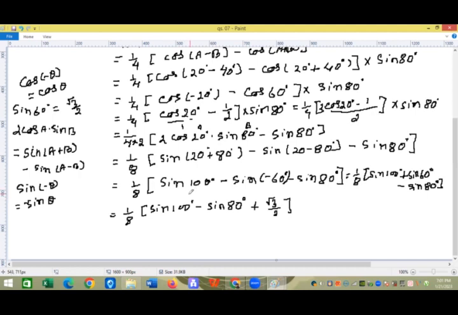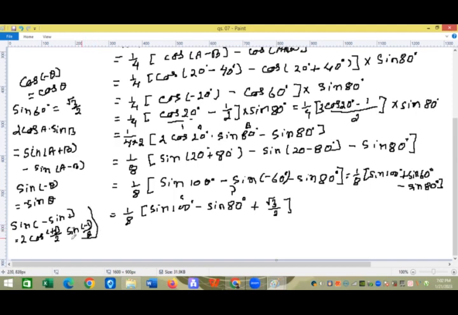Now you can see that this is in the form of sine C minus sine D formula, and you should know that sine C minus sine D is 2 cos((C plus D) by 2) times sine((C minus D) by 2).